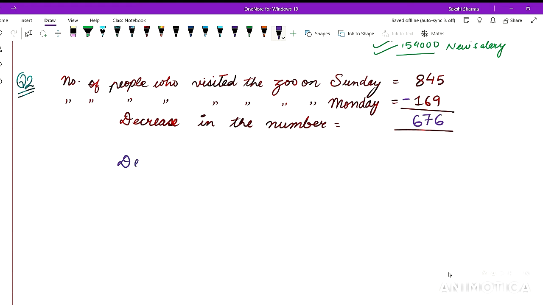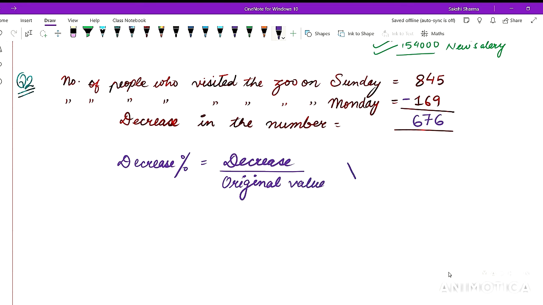And now we are going to convert this decrease into decrease percentage. So we will use the decrease number over the original value, multiplied with 100%.